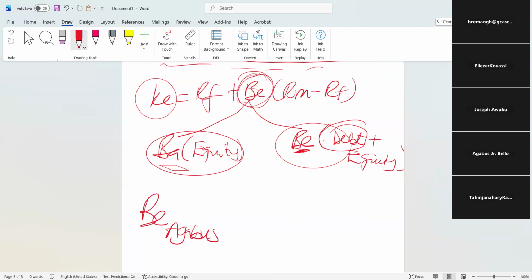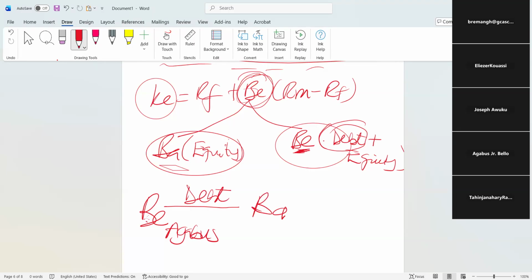And because the debt is what is different between Agabus and Eliezer, you need to take debt out of the equity beta of Agabus, so that you are only left with asset beta.